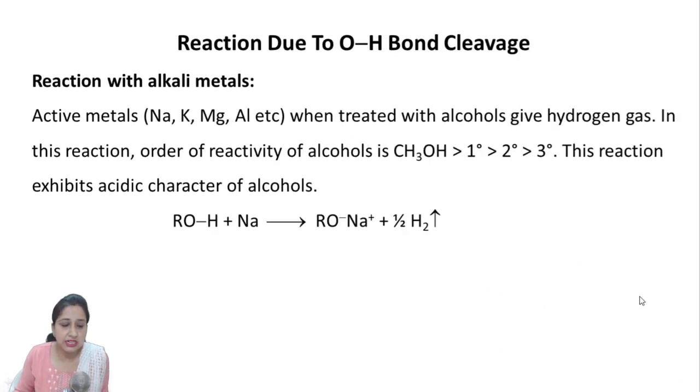So first we will discuss examples related to the cleavage of the OH bond. The first property of alcohol is reaction with alkali metals. This reaction mainly shows the acidic behavior of alcohol.